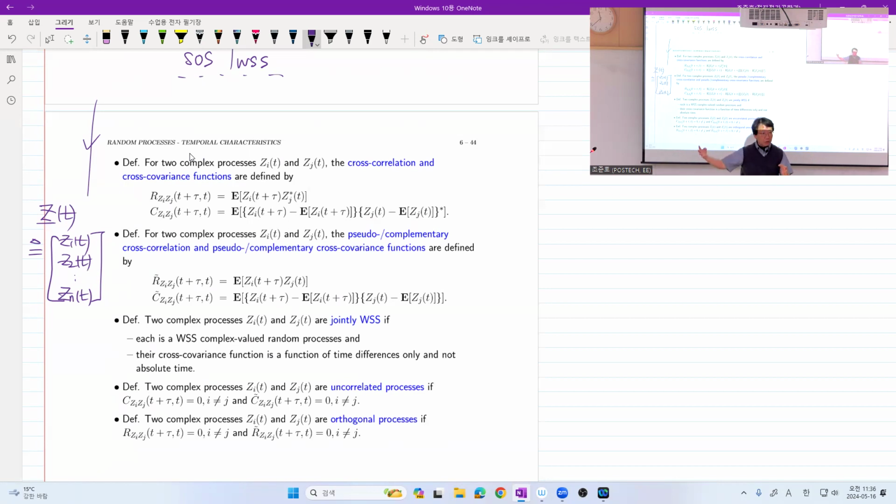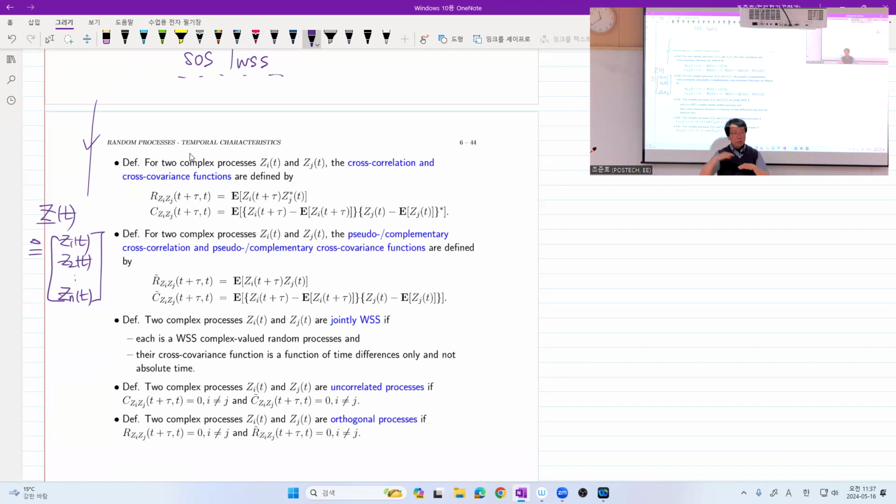Input is a vector-valued, complex-valued random process. Output is not only vector-valued, but also complex-valued random process. Why? Because in wireless communications, one of the most important ways to do wireless communication is to use radio waves. And radio waves can be simply viewed in a radio channel as a real valued bandpass signal.